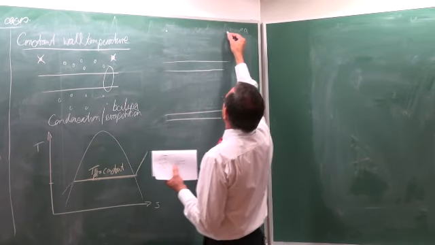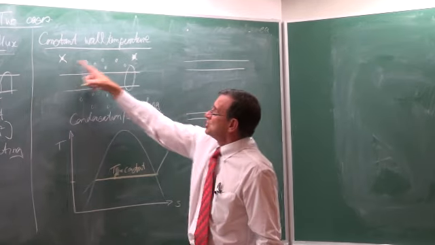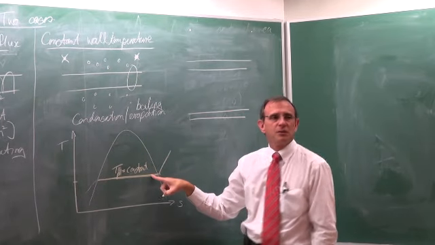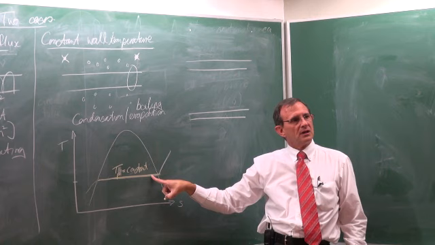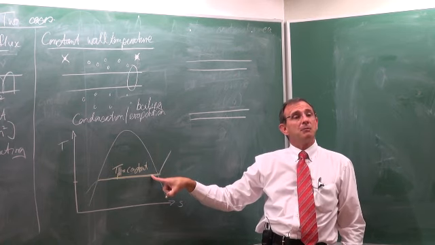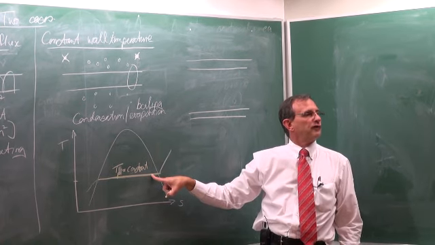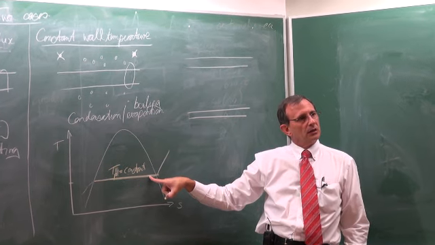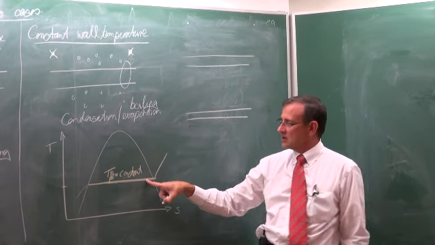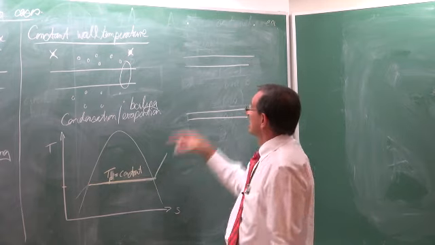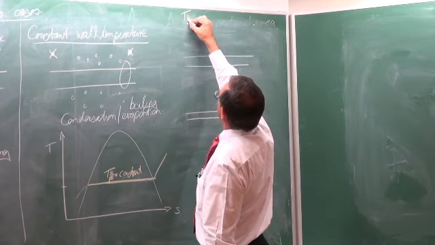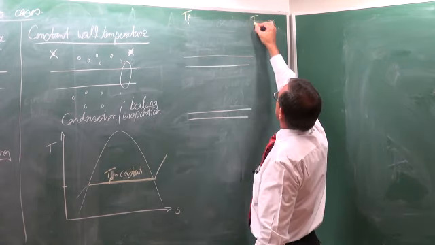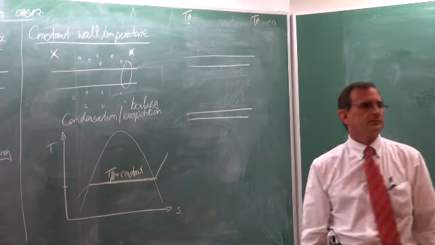Then firstly, what we can see is that this temperature and that temperature, what happens with the temperature on the outside? The temperature remains constant of the fluid on the outside. You see that? Because it's a two-phase process. The temperature remains constant. So that temperature is equal to Tp, and that temperature is also equal to Tp.